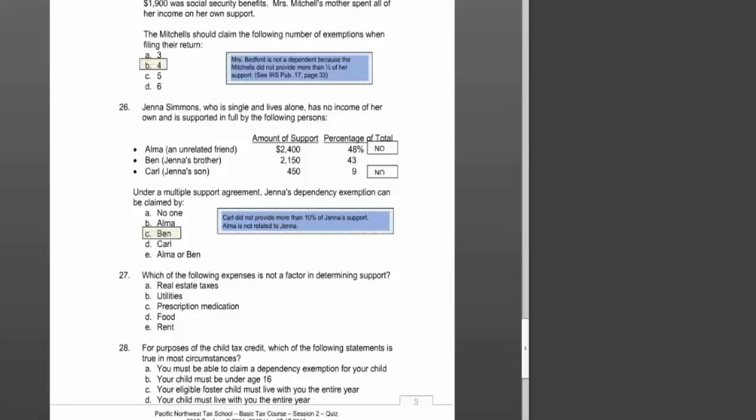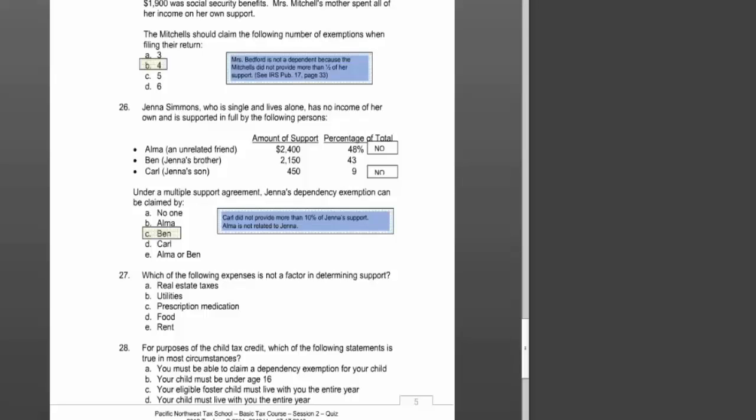And Carl, who is Jenna's son, provided $450, which is 9% of the support. So under a multiple support agreement, Jenna's dependency exemption can be claimed by A, no one, B, Alma, C, Ben, D, Carl, or E, Alma or Ben.